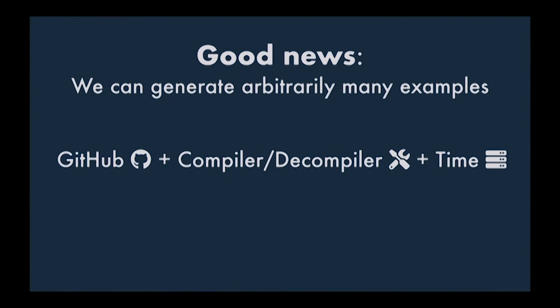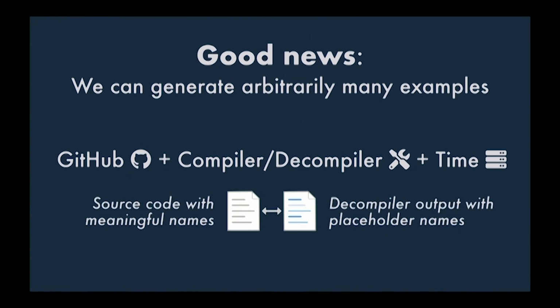Given all of this open source code and tools like compilers and decompilers, and obviously enough time to wait for all of this to run, we could automatically generate lots and lots of training examples where we have both the original source code with meaningful names, as well as the output of these decompilers, because we could run these decompilers ourselves on programs compiled from the source code. And we could generate arbitrarily many of these, well, given the limit is how much open source code we can get our hands on.